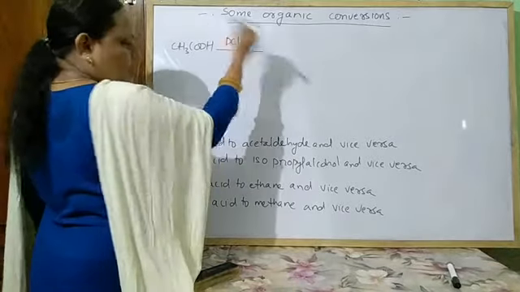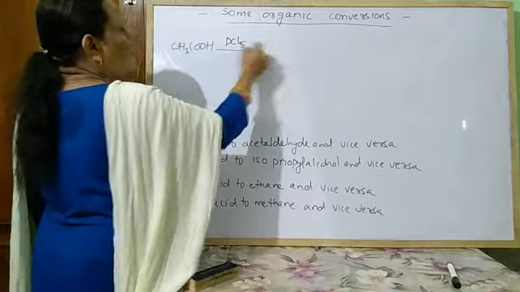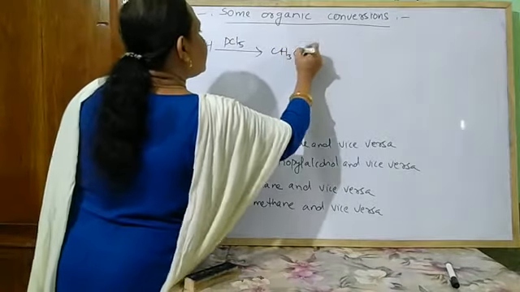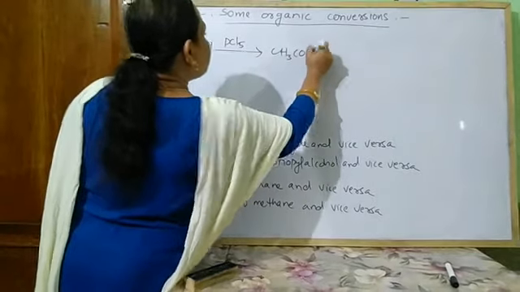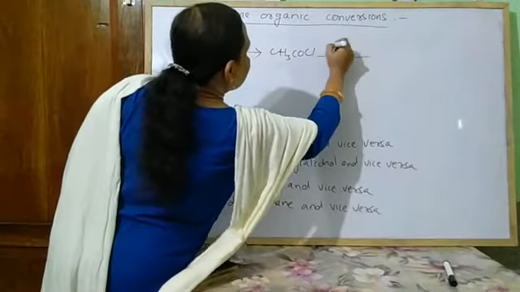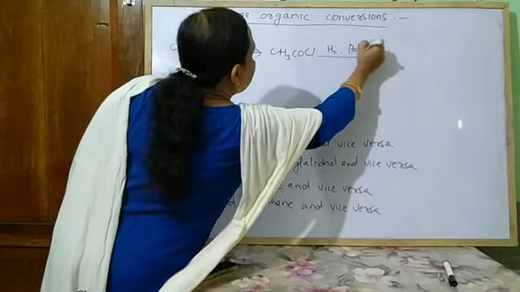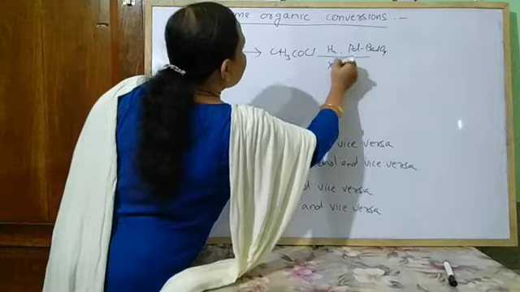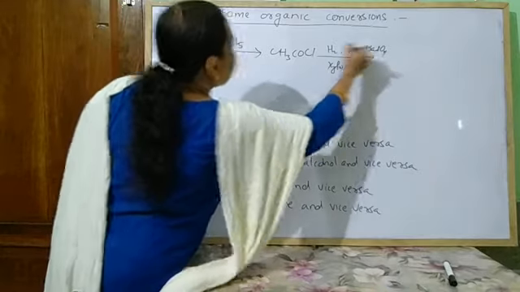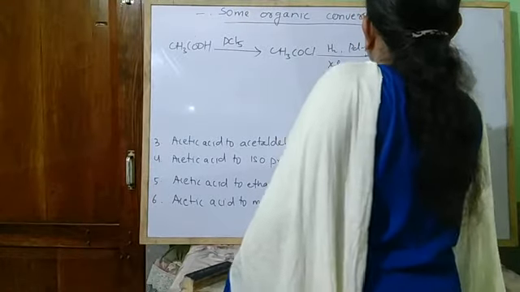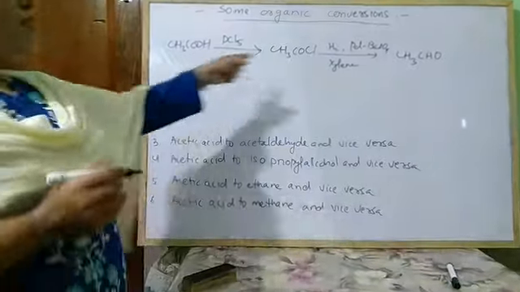Last time I took SOCl2, here I am taking PCl5, which gives CH3COCl. When acid chloride is reduced with hydrogen in presence of palladium barium sulfate and the solvent is xylene, it simply gives acetaldehyde. So this is the conversion of this.